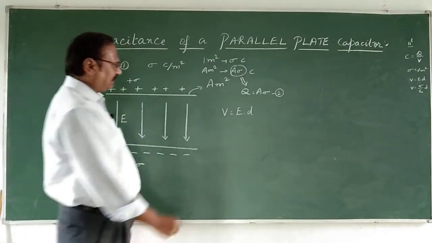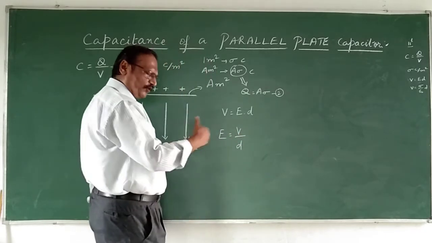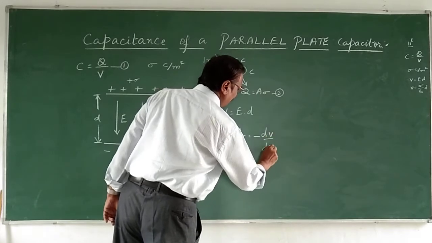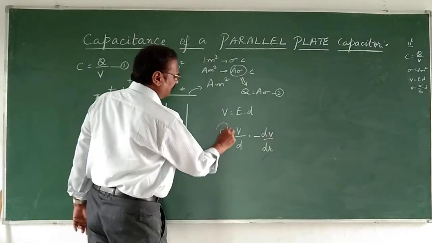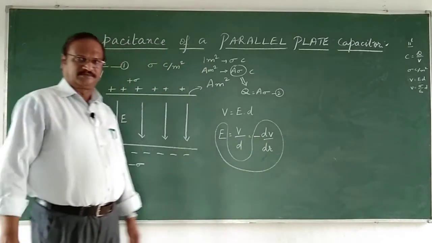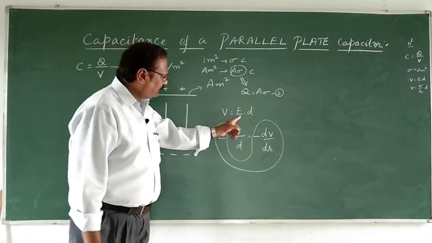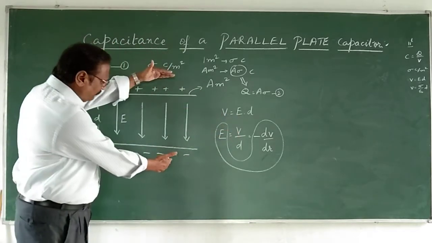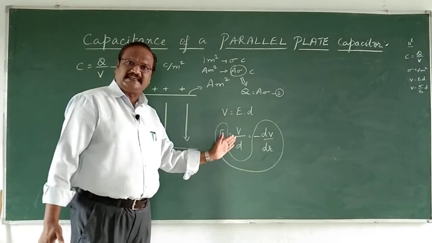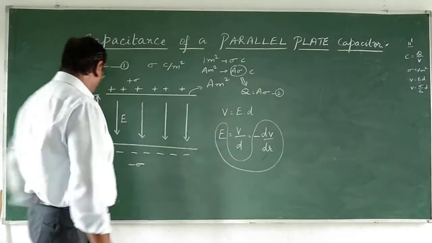Our electric field is equal to V divided by d, or more precisely, minus dV upon dr. But here the distance of separation is d, the electric field is E, and the potential difference created between them is V. So, we directly take E is equal to V upon d and V is equal to E into d.